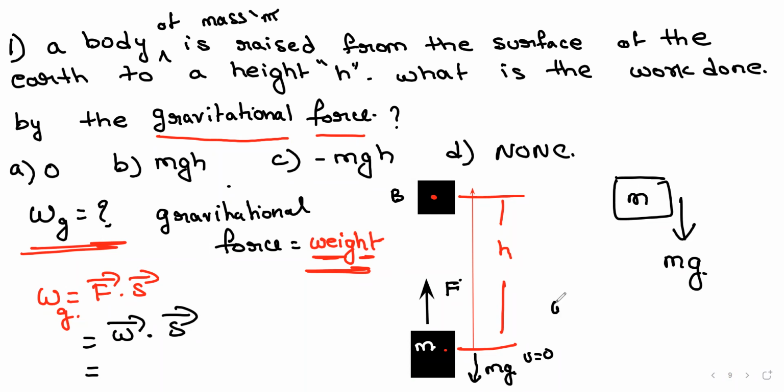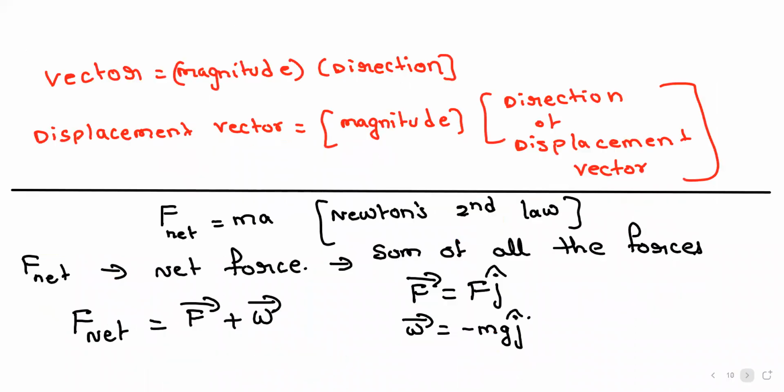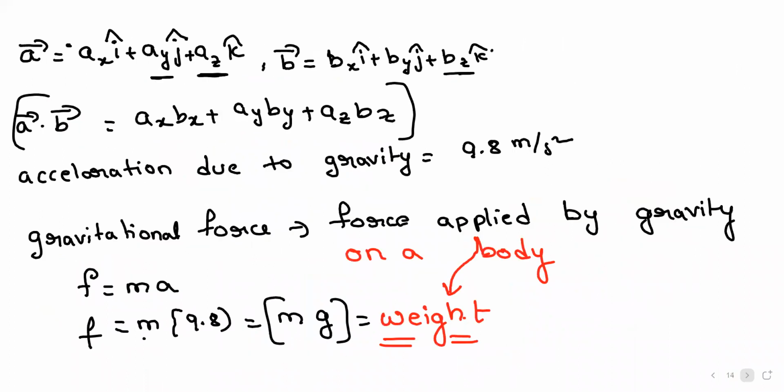So the weight vector has magnitude mg, and its direction is downward, minus j cap. Are you clear with directions, Naifa? So weight is minus mg j cap, dot displacement h j cap. If we do the dot product, we get minus mgh.